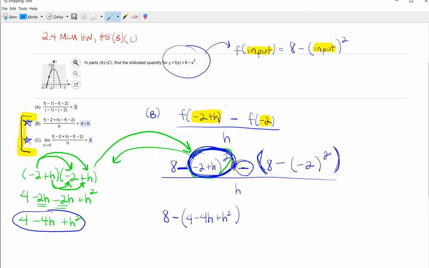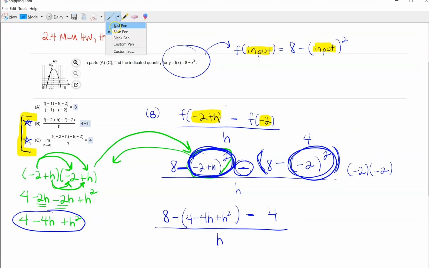Then I need to subtract the result of this thing. Since there's no variables, I can just simplify that down to a single number. So let's see. I'm going to do negative 2 squared. Negative 2 times negative 2 is going to give me a positive 4. And then 8 minus 4 is 4, and I don't need parentheses there because it's just a single value. It's a monomial. And all that's going to be over h.